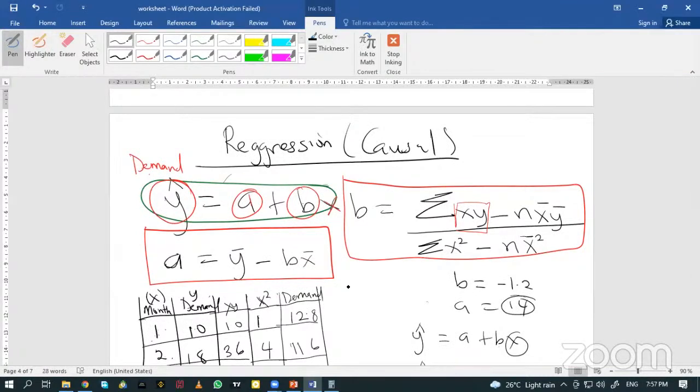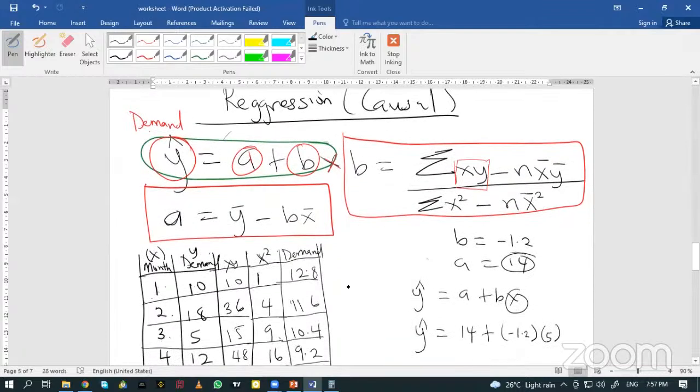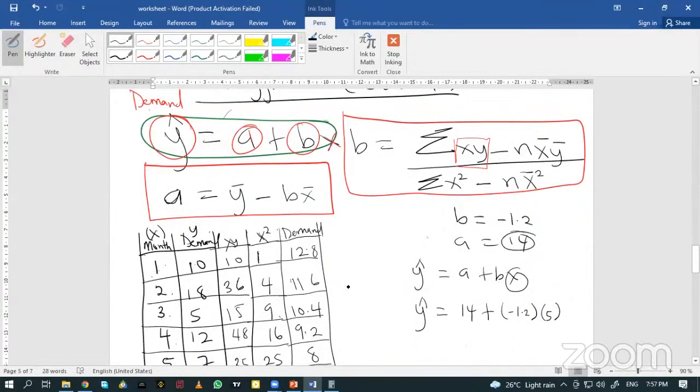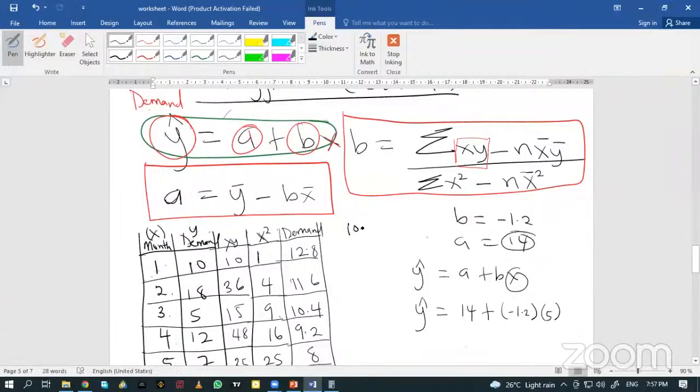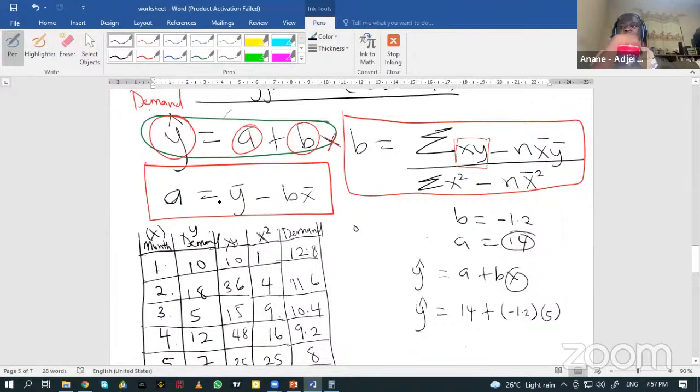So I was asking why the A was 56.74. We substituted, okay? So Y bar was what? This is the formula: A is equal to Y bar minus B X bar. Are you looking at the screen? Yes, please. Okay, so per our calculation, what was our figure for Y bar?